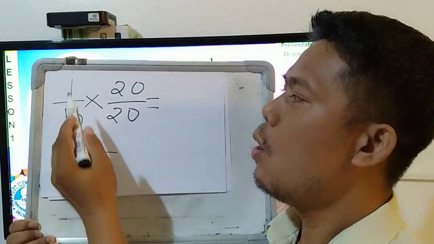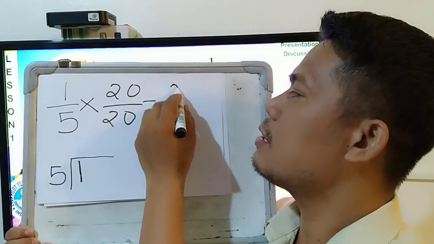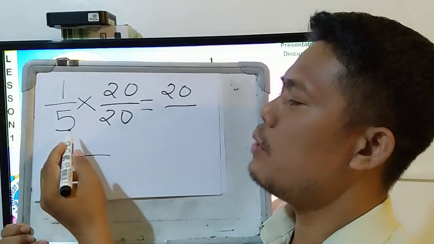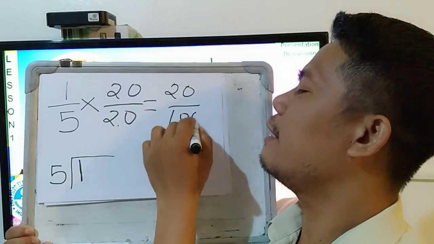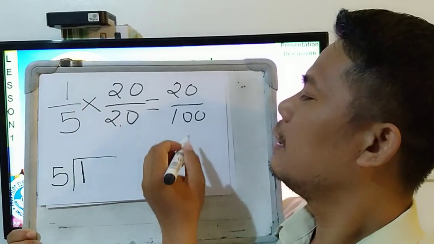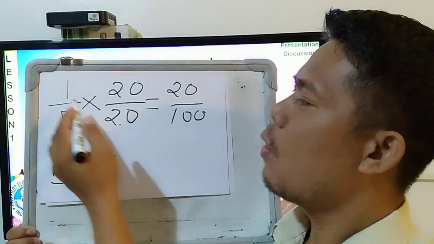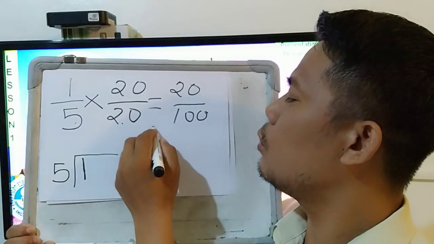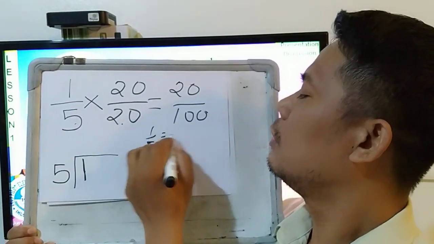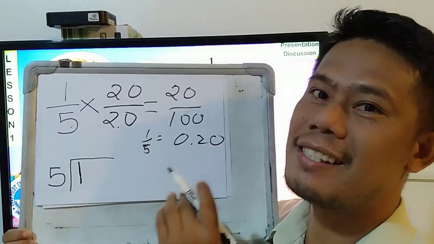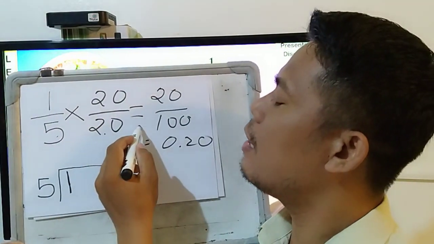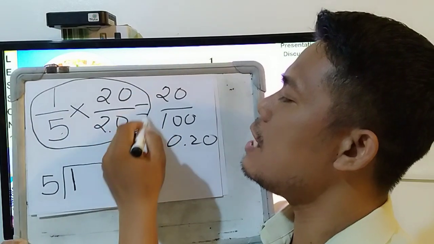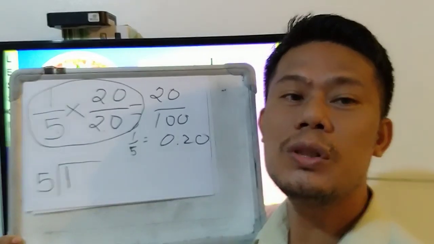So we have 1 times 20 equals 20, then 5 times 20 equals 100. So therefore, 1/5 is equal to 20 hundredths in decimal form. So this is one method in changing a fraction to a decimal number.